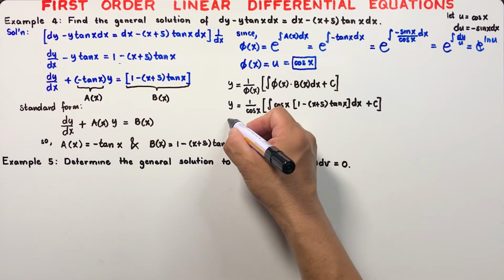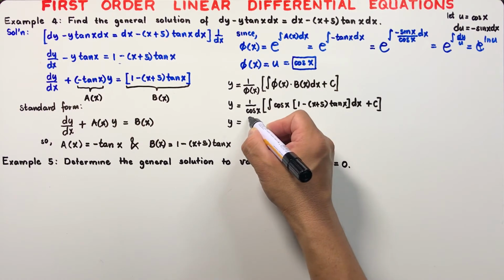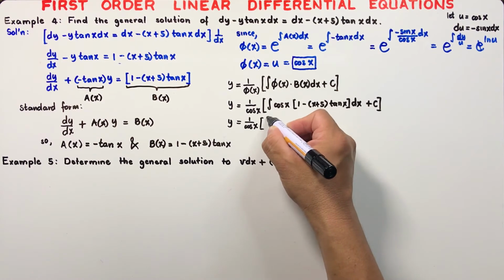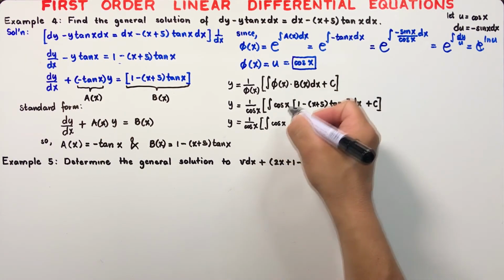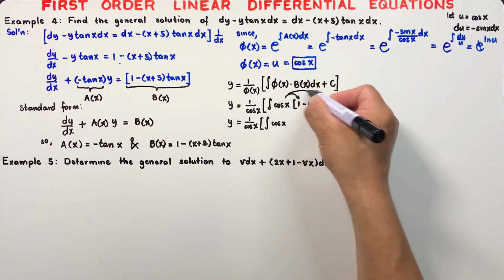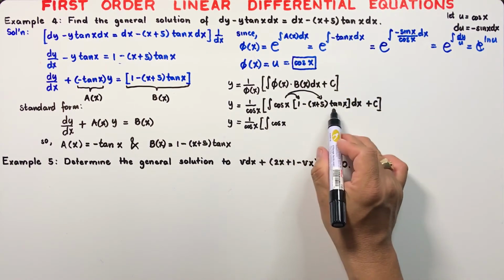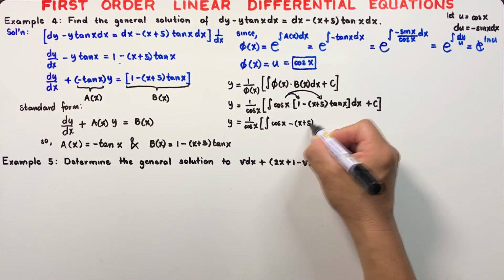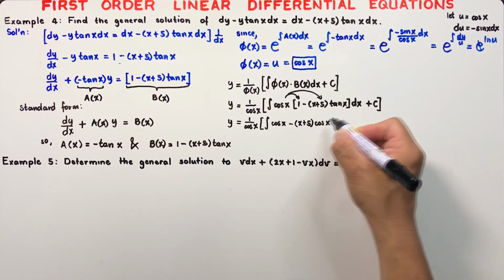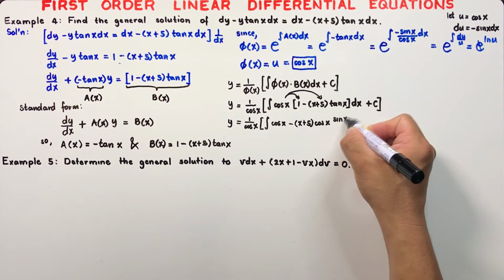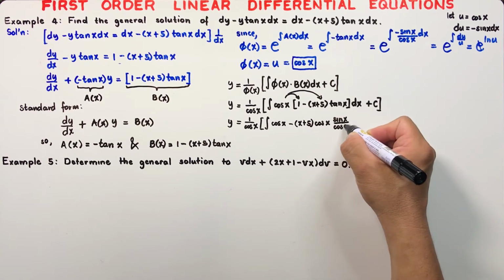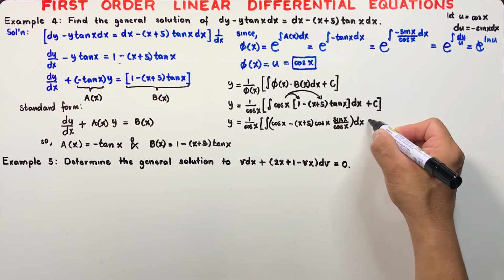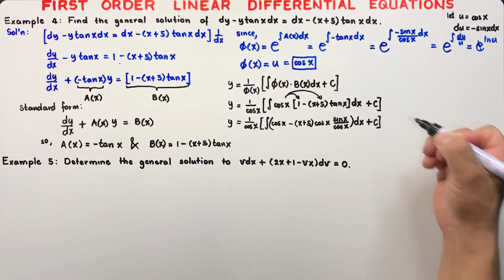So simplifying it further, we have 1 over cosine x times the integral of cosine x. If you distribute this one to the first term here, and also cosine x to this one, which is x plus 5 times cosine x times the tangent, which is sine x over cosine x. And this is with respect to x. And this is added to the constant of integration c.